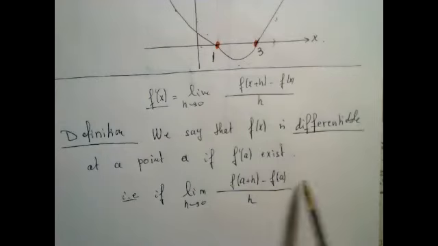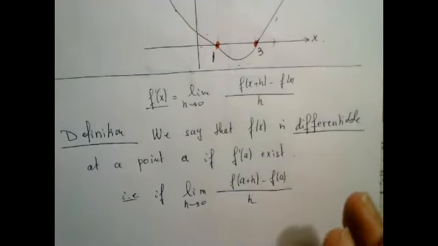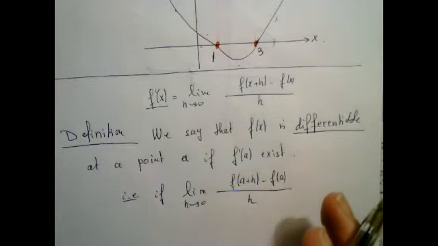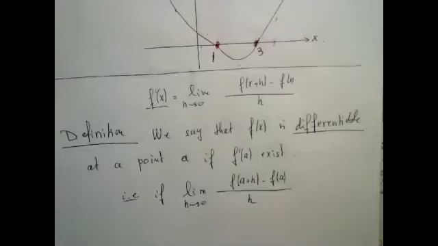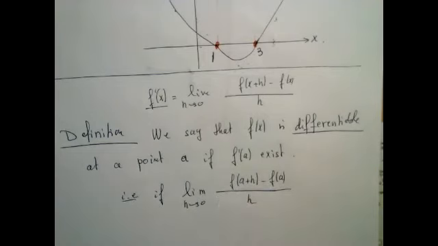What does it mean exists? It means this limit here, the limit of the slope of the secant line. That's really what it is. Okay, we get one value if we compute. So now let us see how this limit can fail to exist. In what scenario does this limit fail to exist?